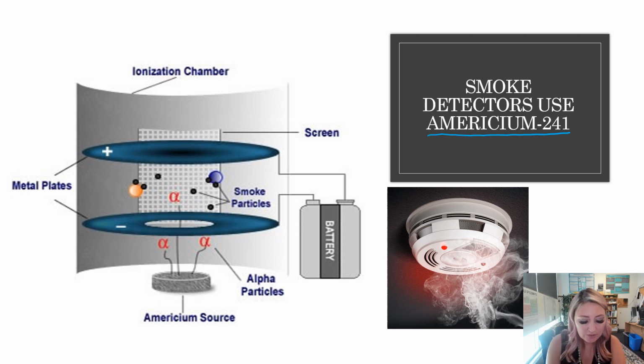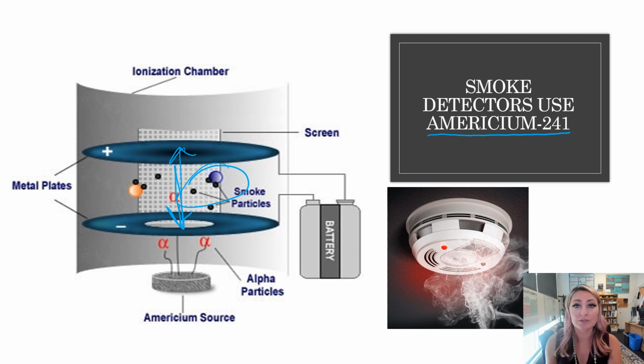The electric current is going to be traveling between your positive and negative plates. So you have metal plates that are cations and anions, or anodes and cathodes. And so you usually have a current going here with those alpha particles. However, if you have smoke particles, as we see here, the smoke particles are actually going to block the alpha particles from being able to make that electric current.